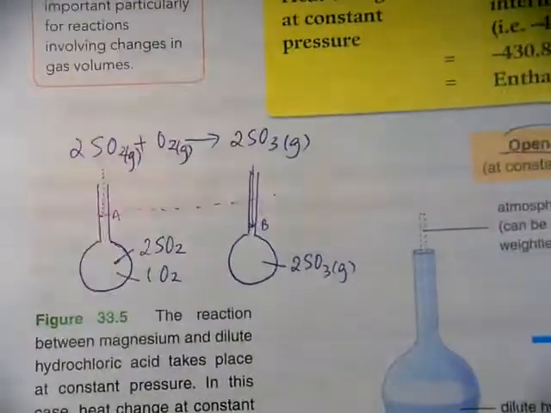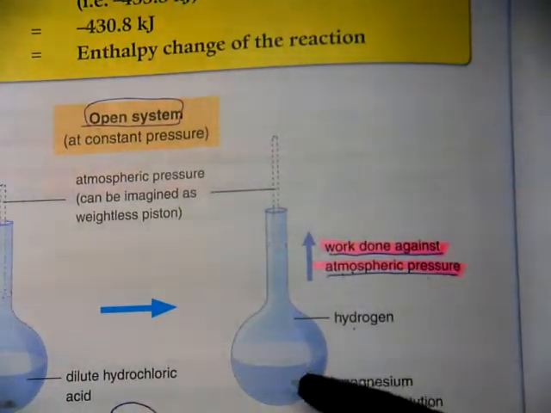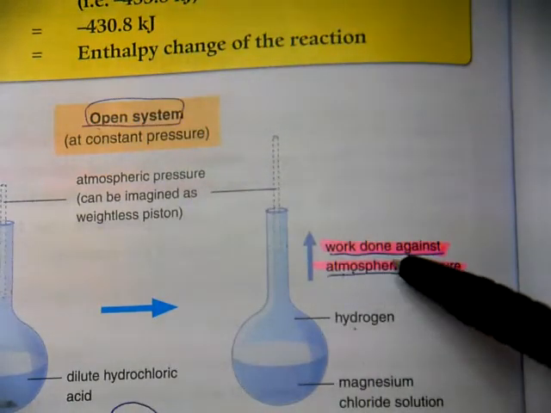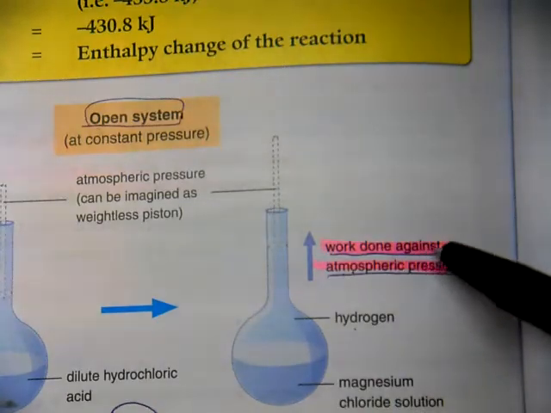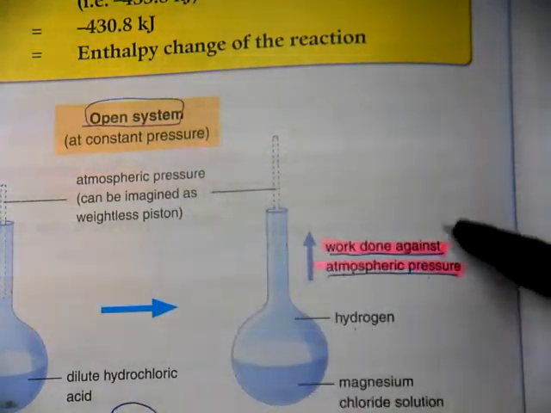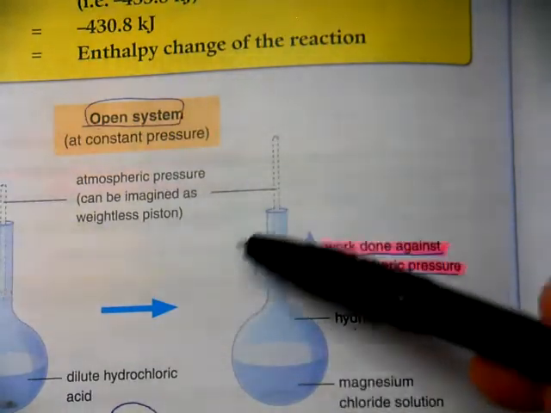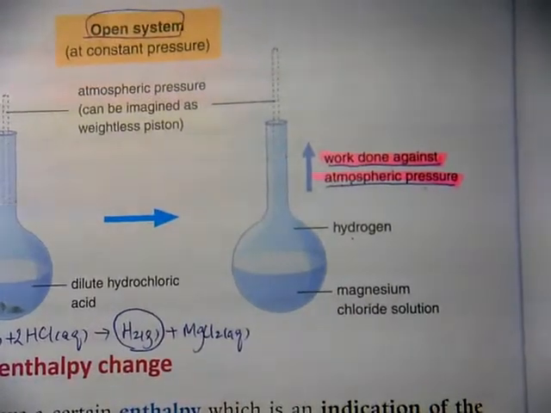Compare with this situation, where we have an expansion of gaseous volume. During the expansion, work is done against the atmospheric pressure. Work is done against the surrounding. This diagram is easier to understand. Try to understand this diagram first.